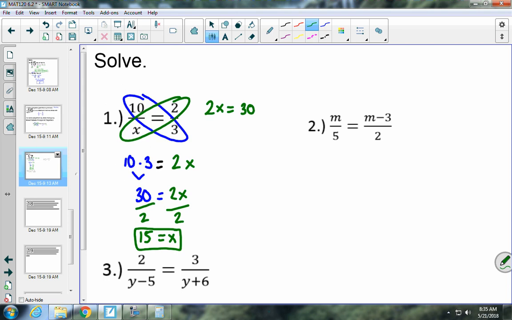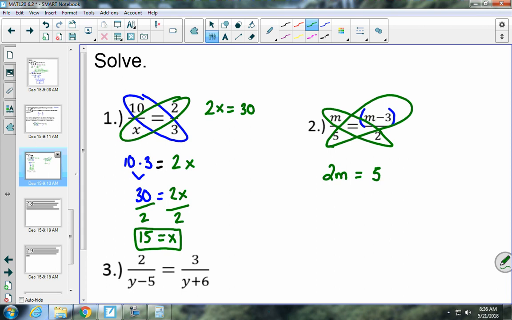There's a variable m in two different places, and on the right hand side we have m minus 3. My recommendation, whenever you see a variable plus or minus a number, put parentheses around it. Because when we cross multiply, we're going to do 2 times m, but we also need to do 5 times that entire numerator.